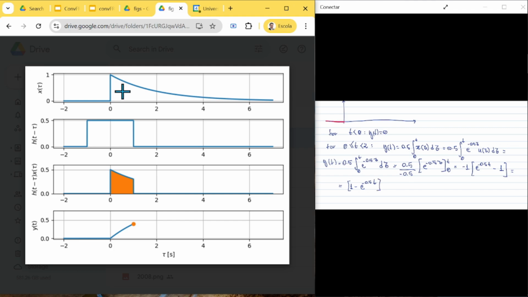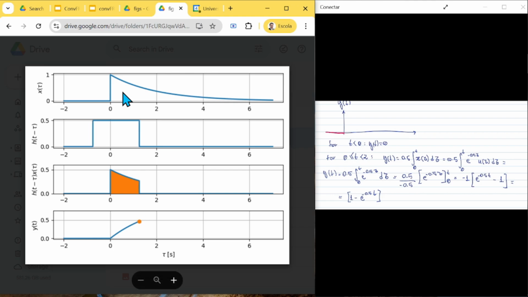This is the expression for this interval. So let's get back to this color. Until time 2, we have this curve, which is 1 minus e to the minus 0.5 t. Okay? This lasts until time 2.